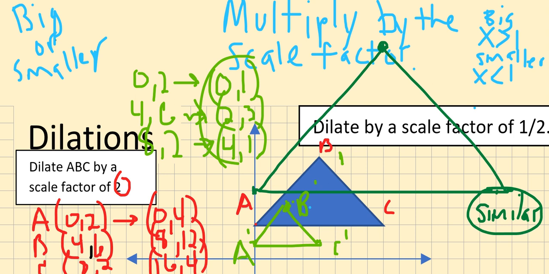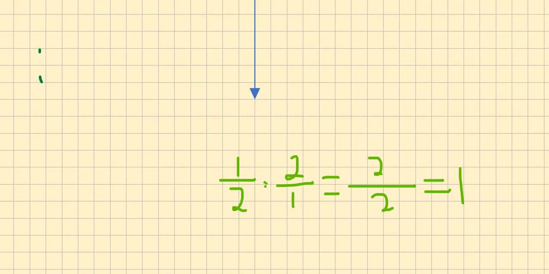All right, we'll look at some more. Let me just go over this real quick for right now. Let's do a scale factor of 3/2. If the numerator is greater than the denominator, if the number on top is bigger than the number on bottom, you're getting bigger. Like 3/2.